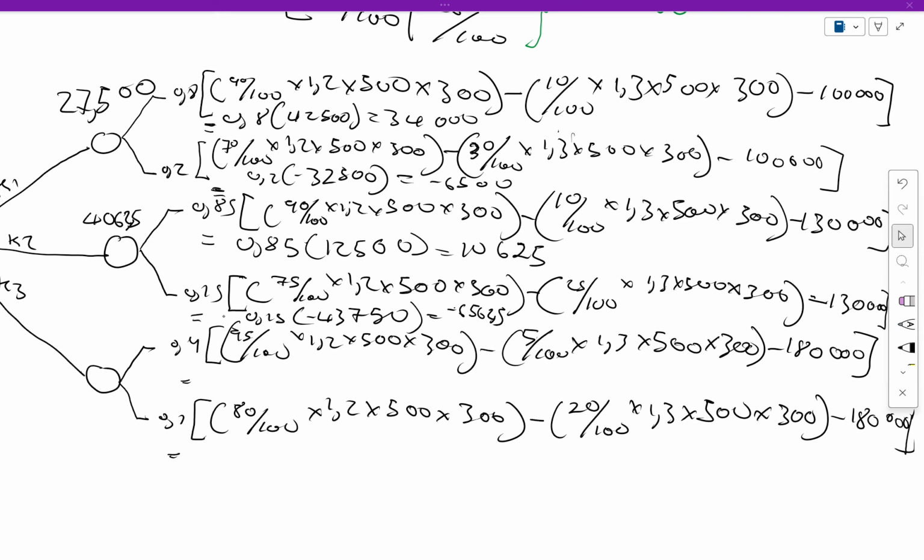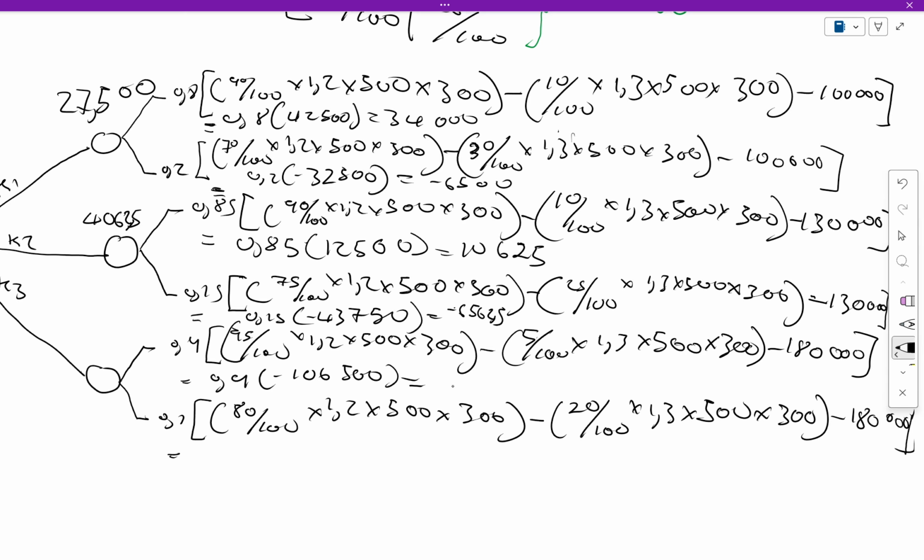And we're getting a small number also. When you get small numbers, you must check. 0.5, okay, check. Minus 180,000. Getting a big number, 0.9 multiplied by negative 106,500.